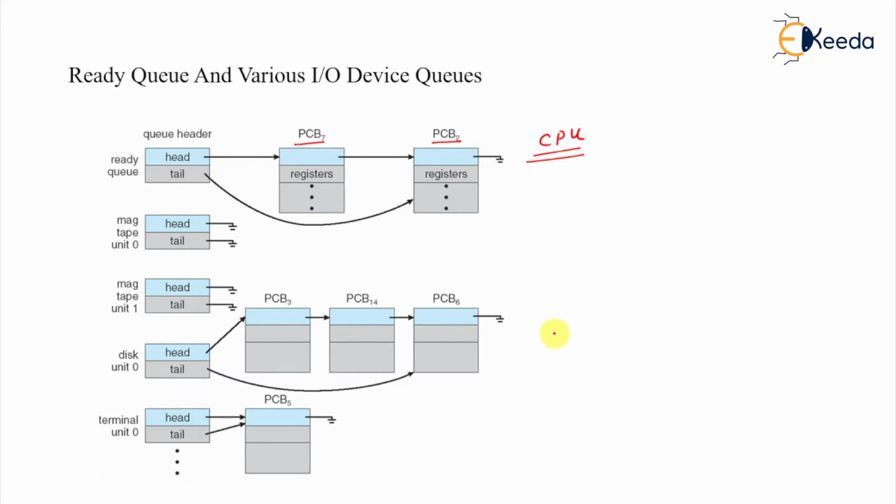In the disk you have PCBs, and that can be your suspend queue, because they hold some information related to PCBs, they have already executed, and they are just present in the disk. So there are various ready queues and various other IO device queues present. Magnetic tape unit 0 and unit 1 are your IO devices.